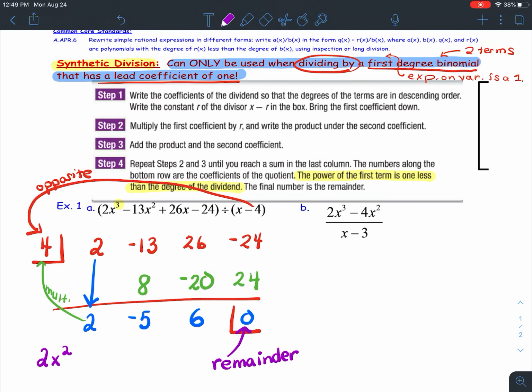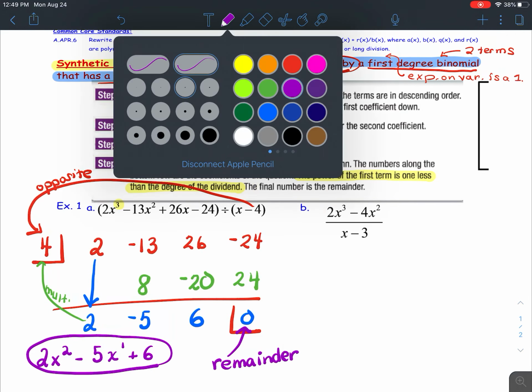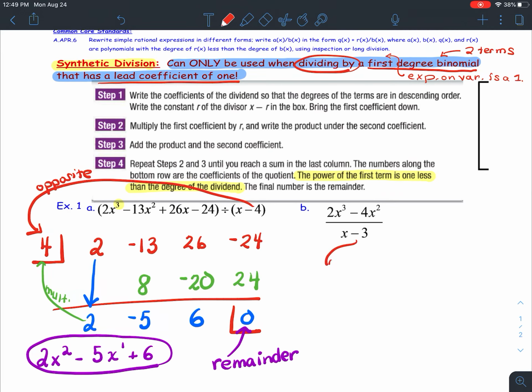So this very first number, the 2, would be the lead coefficient in front of the x squared, and then from there it just goes down one term at a time, minus 5x to the first plus the constant 6, and we said there was no remainder on that, okay? So once again, it's always 1 degree less than what you started with, okay? That's the part that I highlighted here.